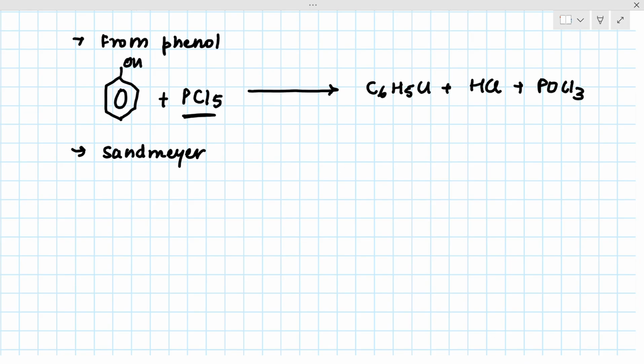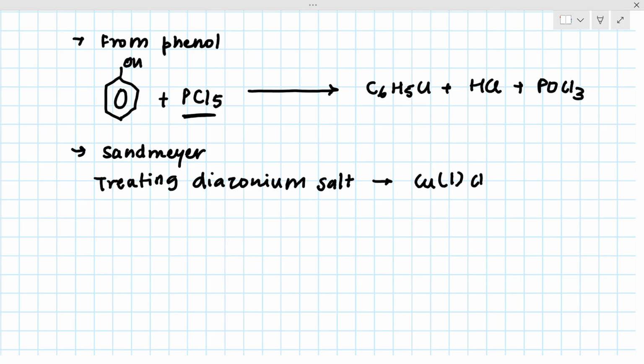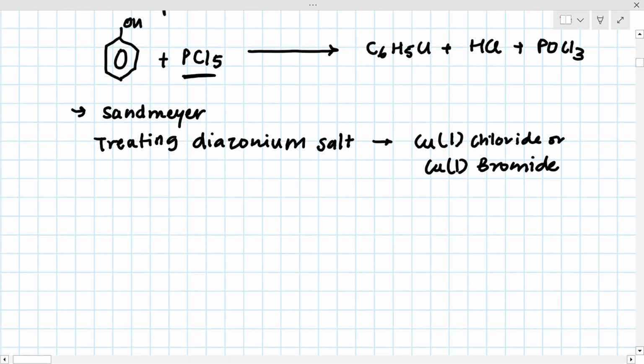Sandmeyer reaction is treating a diazonium salt with copper chloride or copper bromide. You treat it with copper chloride or copper bromide, which we will do.